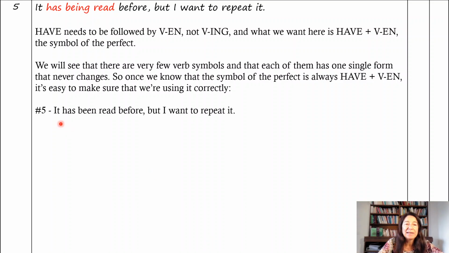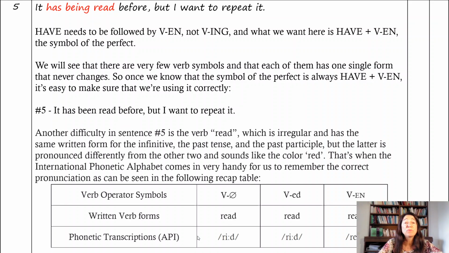So we're going to say it has been, and we still don't know how to read this, so we need to learn our irregular verbs and also make sure we know how to pronounce them. Make sure we know what phonemes are used, and that's when the International Phonetic Alphabet comes in very handy, because we can write down the pronunciation, and that will be very helpful for us to remember it, because you can't possibly remember everything the first time you see it.